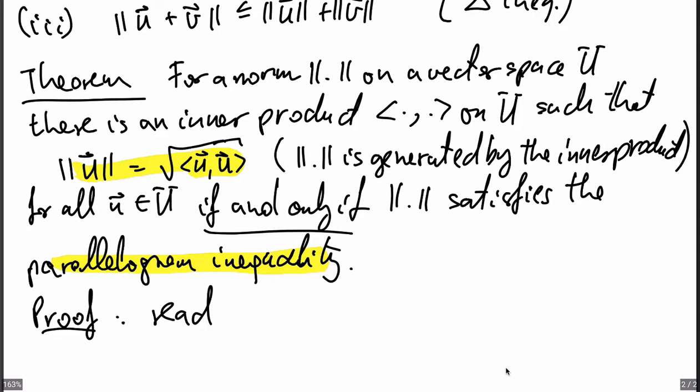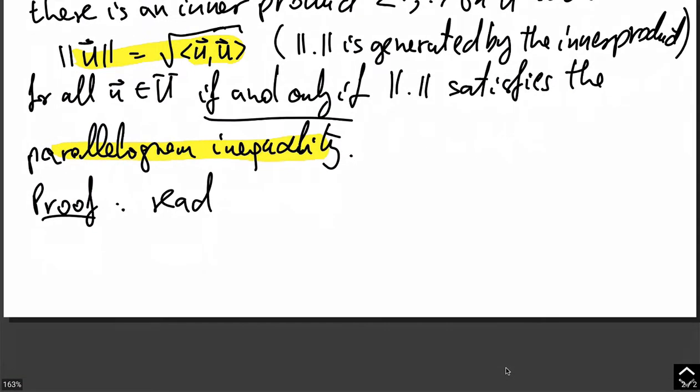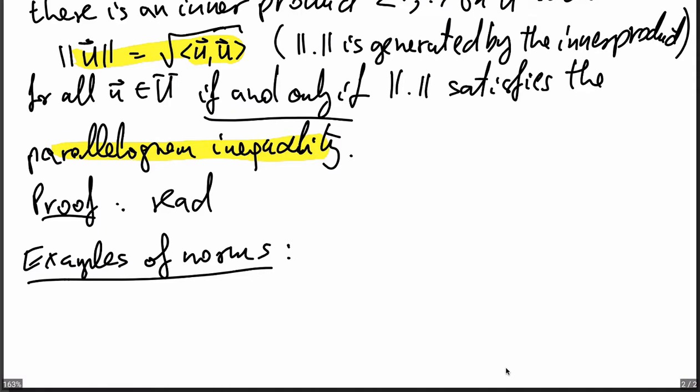There are some examples of norms that we should look at. We looked at the two norm already. So right now we are working with n-dimensional vector spaces. X will be, it's easier to write it as a row vector, but if we usually use column vector, then we just transpose the row vector.